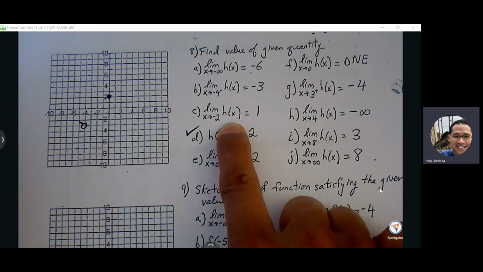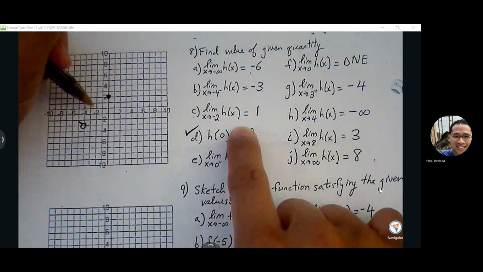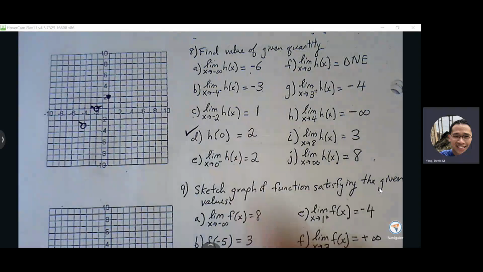Limit as x approaches -2 equals 1. So if it's a full limit, then the graph has to approach that same y value from both sides of -2. Gotta have extension from both sides.